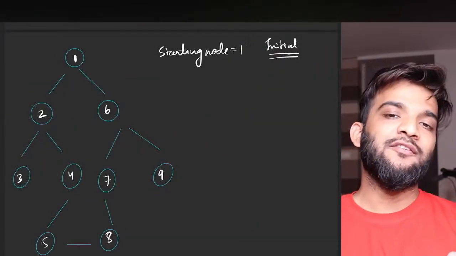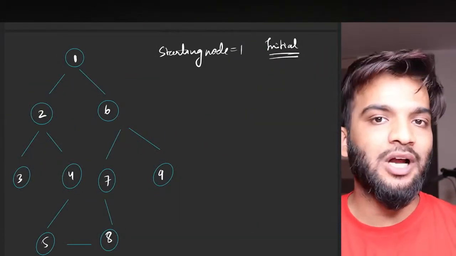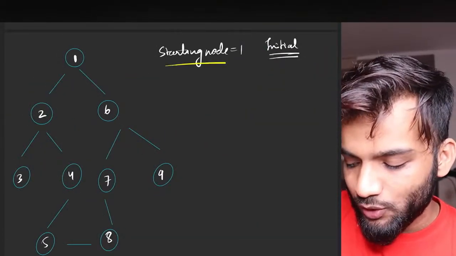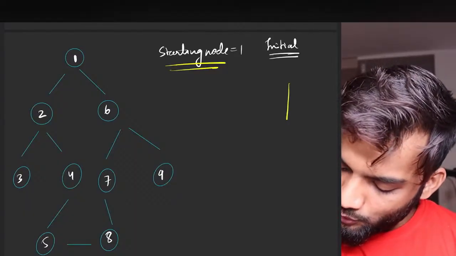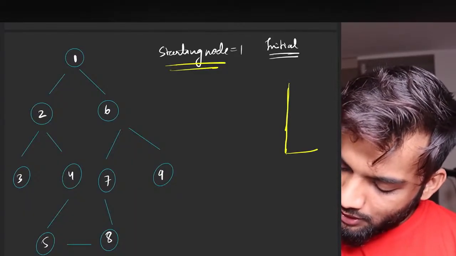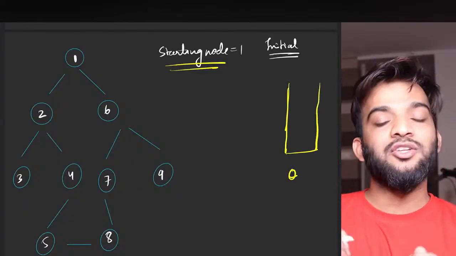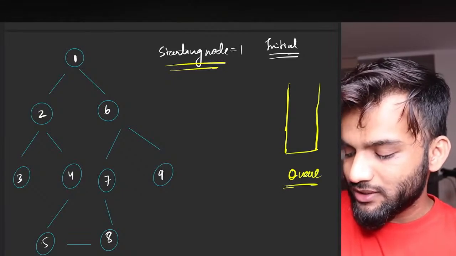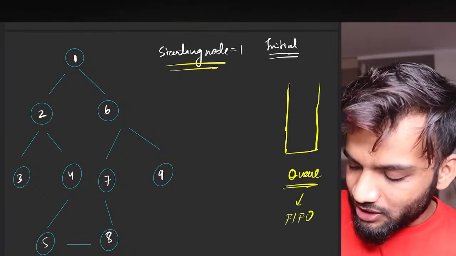In order to do a BFS traversal, there is an initial configuration that you need to start off with. Whatever is the starting node given to you, you clearly take a queue data structure. Now, if you don't know queue data structure, please read about that. Queue is nothing but first in, first out.